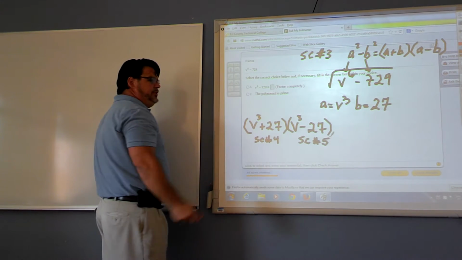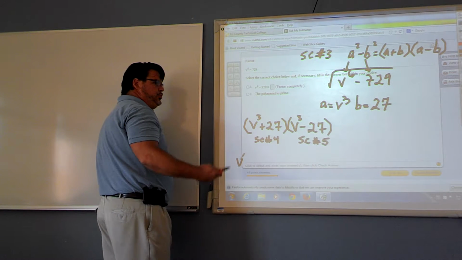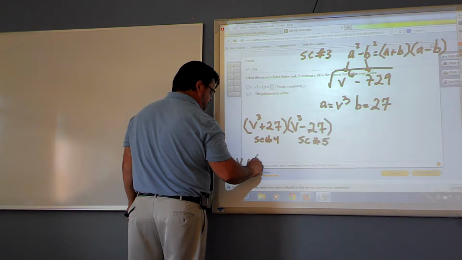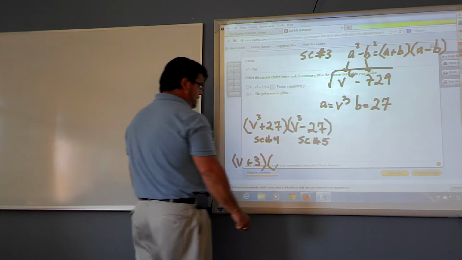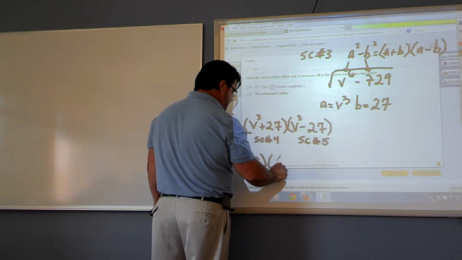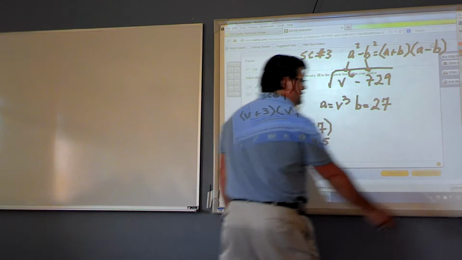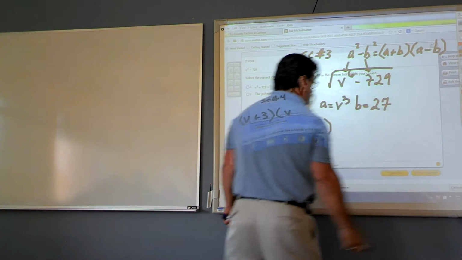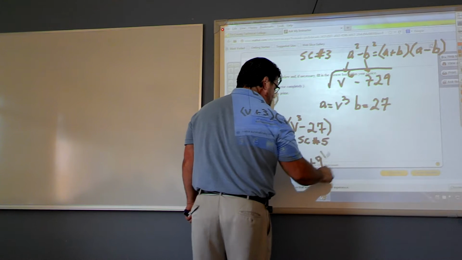What's the cube root of b cubed? b. And what's the cube root of 27? 3, Hubert. That's right, class. So that's going to be b squared minus 3b plus 9.